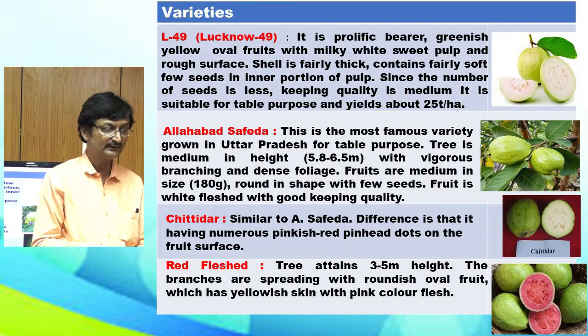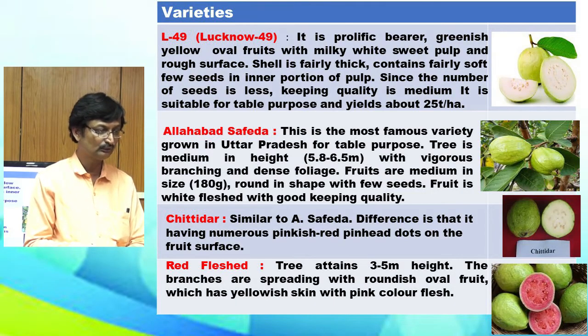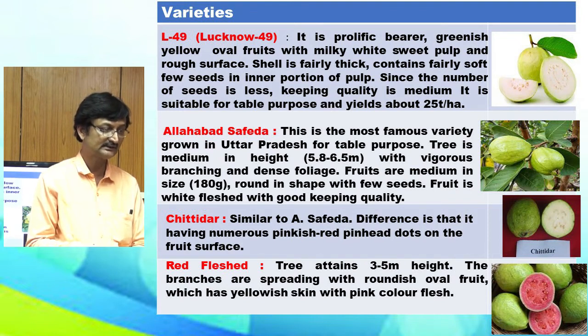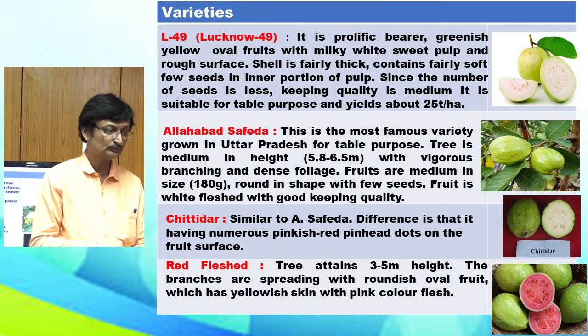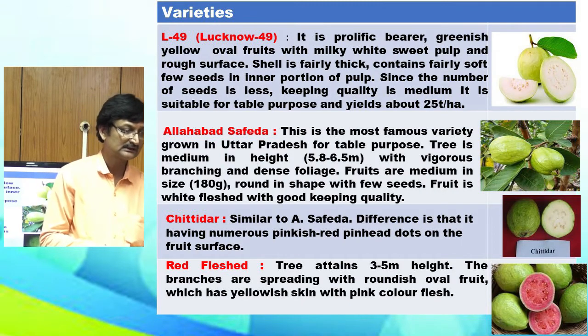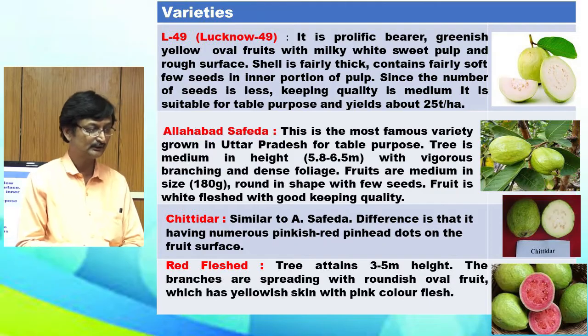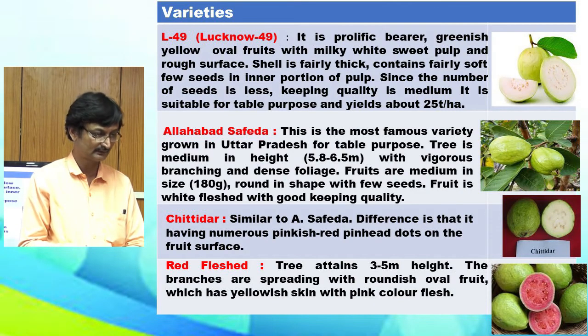It is prolific in bearing greenish yellow, oval fruits with milky white sweet pulp and a round surface. The shell is fairly thick, containing fairly soft fused seeds in the inner portion of the pulp. Since the number of seeds is less, keeping quality is medium. It is suitable for table purpose and yields about 25 tons per hectare.